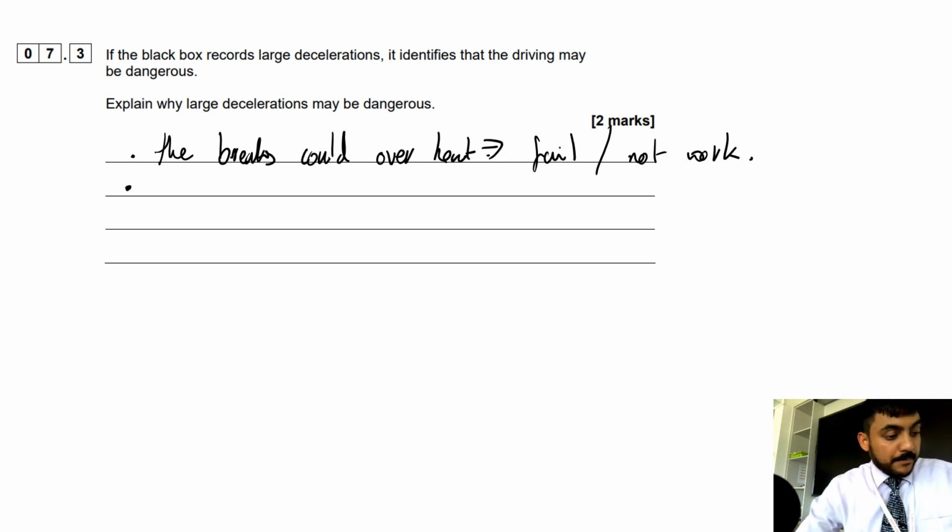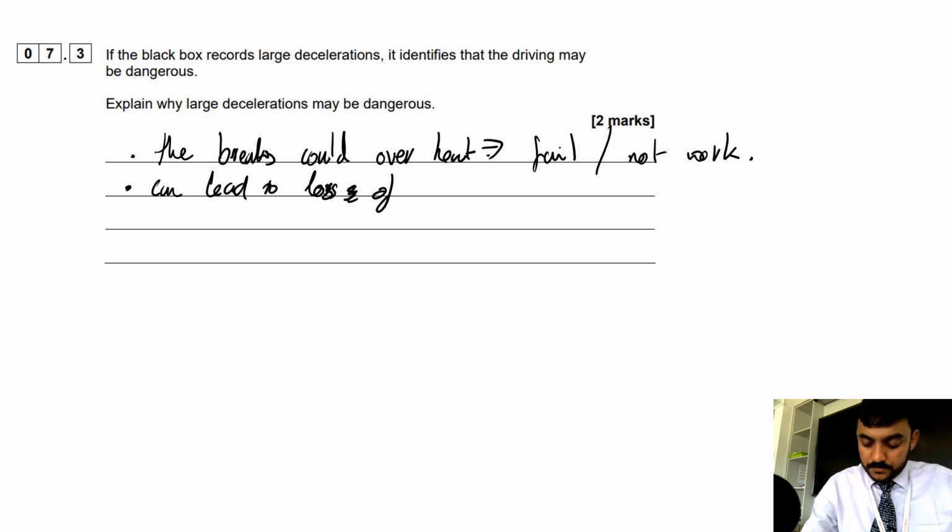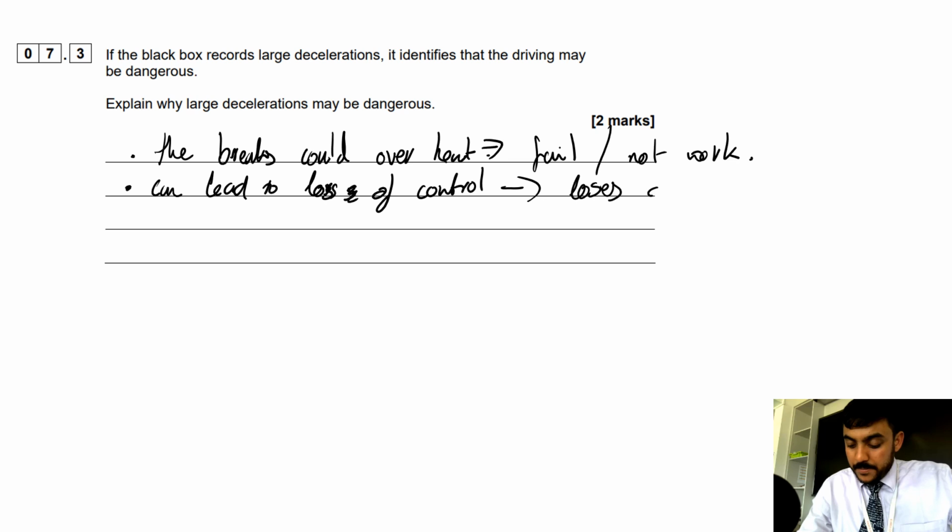Another thing that could happen can lead to loss of control. And why does it lose control? Because it loses grip, loses traction. Or the greater a deceleration, the greater the force, and large forces could cause injury.